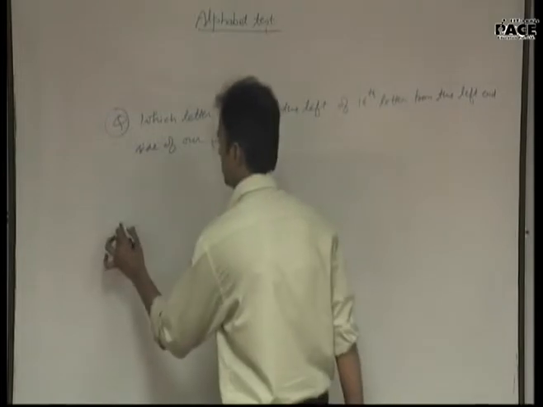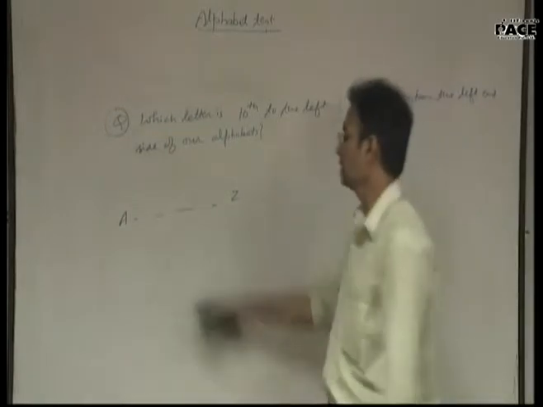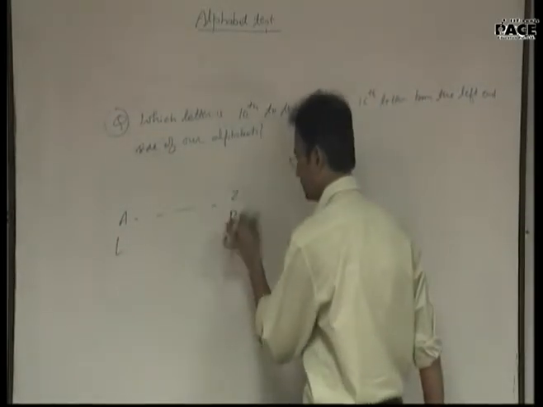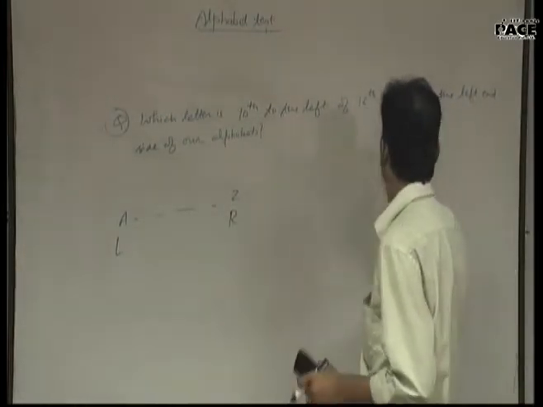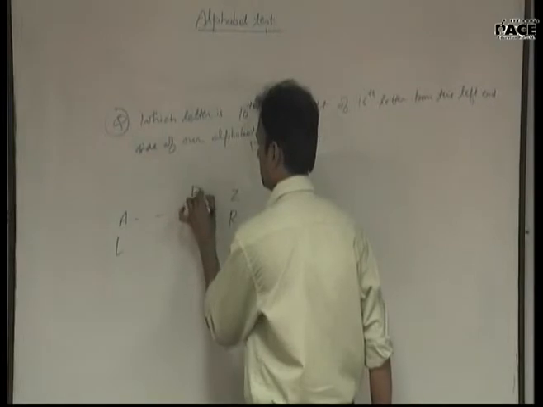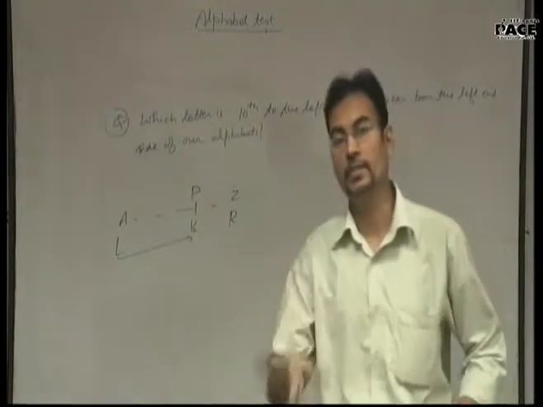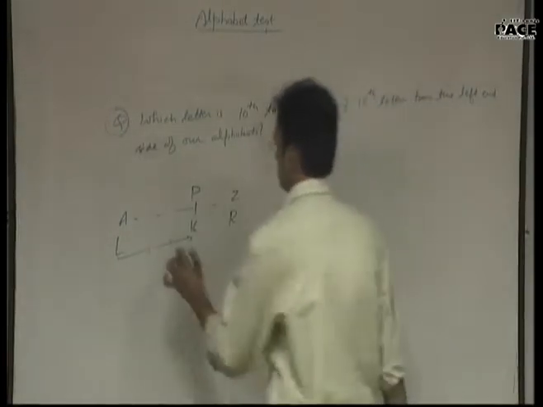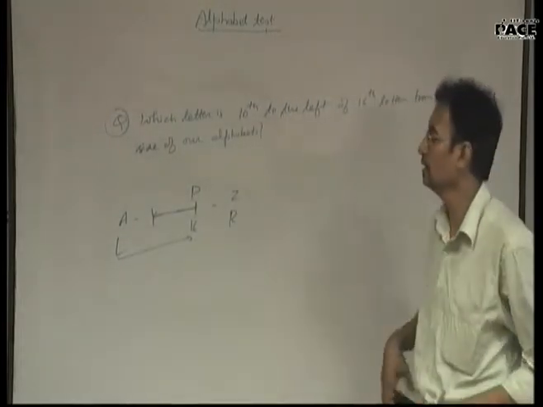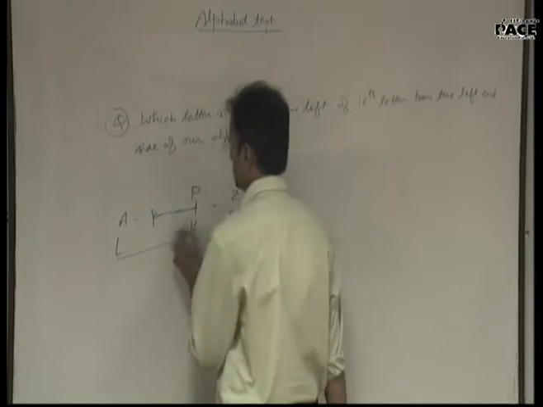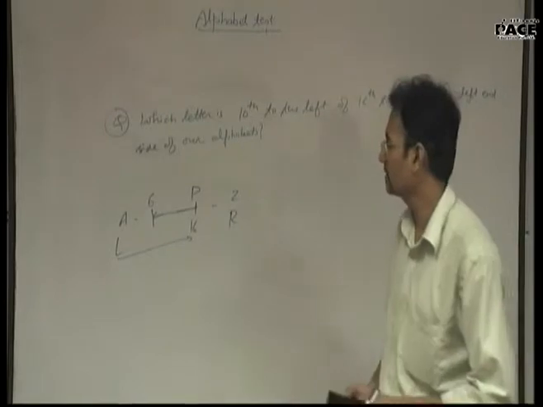If we write our usual alphabets, left side is here and right side is here. 16th letter from the left hand, which is P, and 10th to the left of P. We have to find out which letter is 10th to the left of P. So this will be 16 minus 10 is 6.